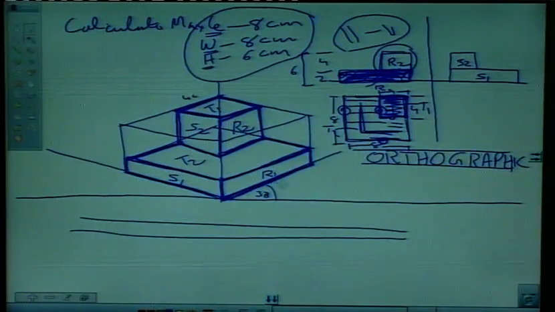This edge is the main length edge. And these lines 1, 2, 3, 4, 5 are parallel to the width edges, and the rest of the lines are vertical. Those lines which are vertical in orthographic projections are actually vertical.